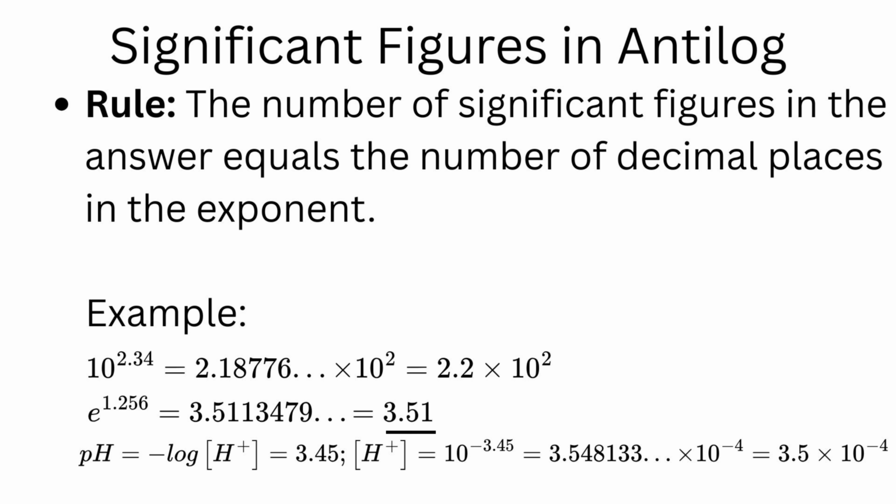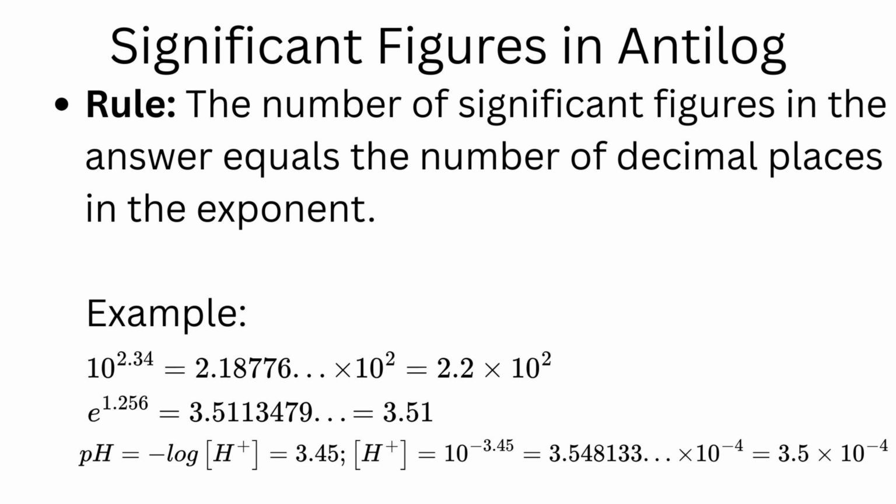Now, one type of calculation that becomes really important in chemistry in this regard is pH calculations. Or if pH is given, the calculation of hydrogen ion or proton concentration. Now, if you recall, pH is defined as the negative logarithm of hydrogen ion or proton concentration.